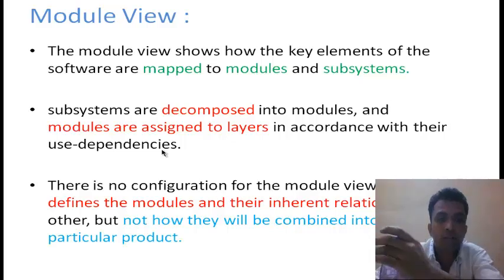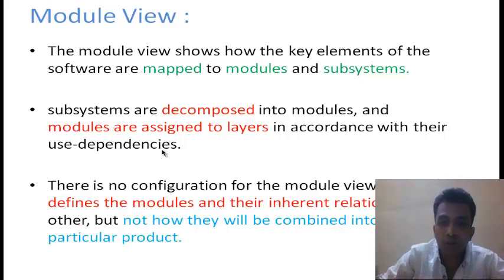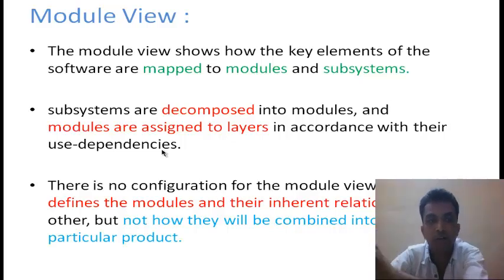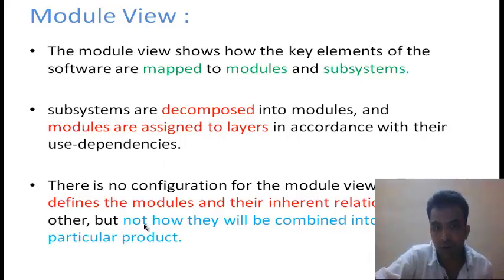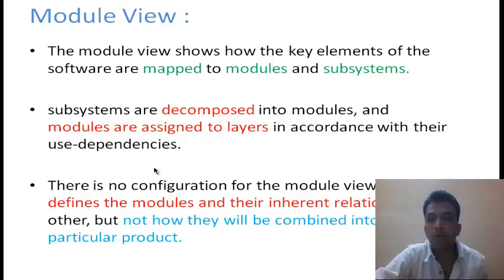The third point is that there is no configuration for the module view, because it defines the modules and their inherent relations to each other, but not how they will combine into a particular product. It means this view focuses only on the decomposition of modules, but it does not tell us how they combine with other products.